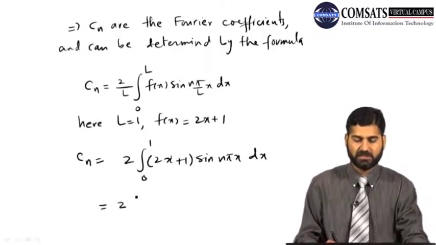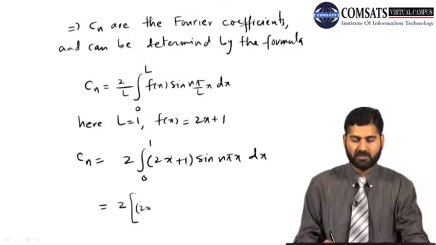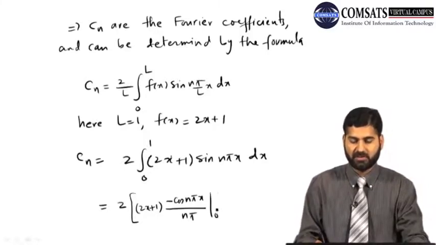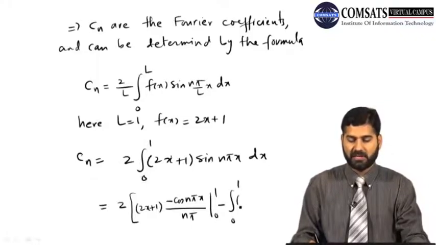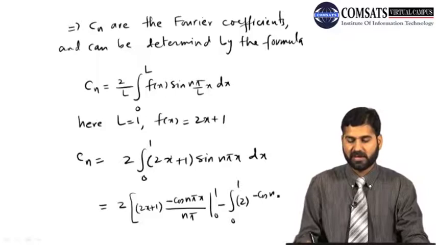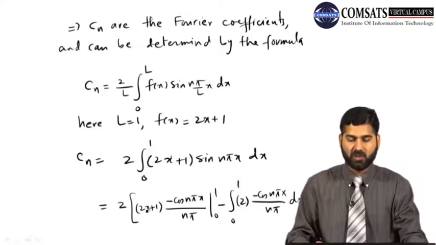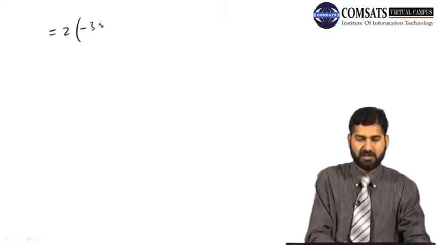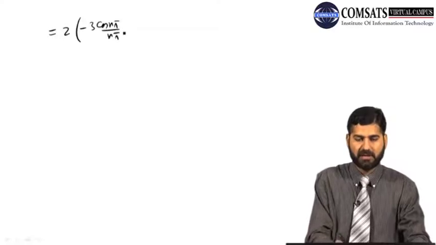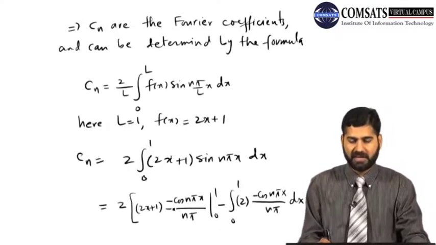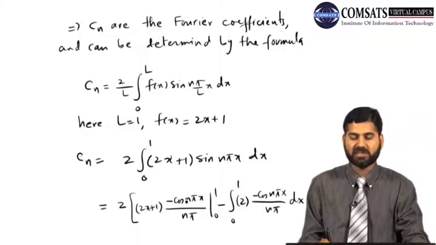So this is 2 times, by parts, 2x plus 1 as it is, sine has integral minus cosine n pi x by n pi, from 0 to 1, and minus integral 0 to 1. The derivative is 2, and minus cosine n pi x by n pi dx. So here if you replace x by 1, I will get 3, and cosine n pi by n pi. So minus 3 cosine n pi by n pi, and 0 will make it 1, and cosine 0 is 1.